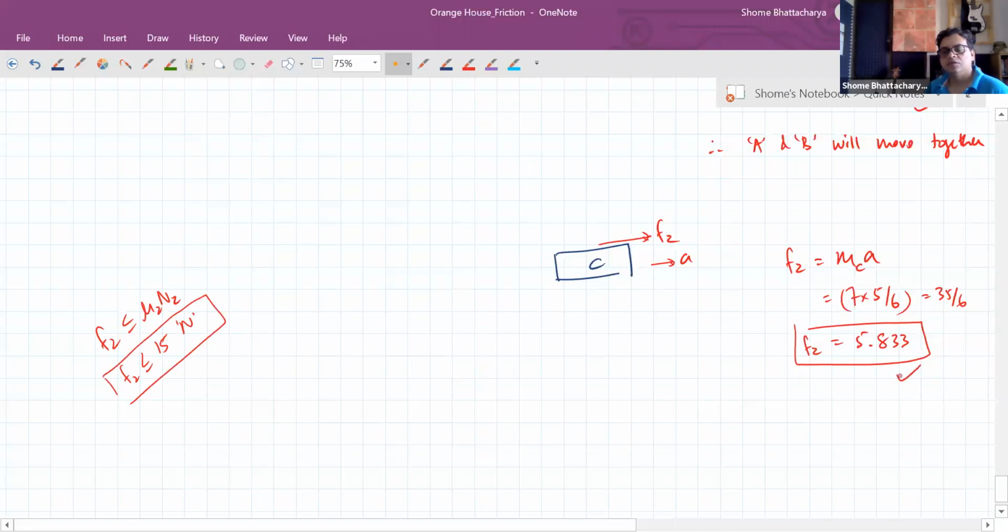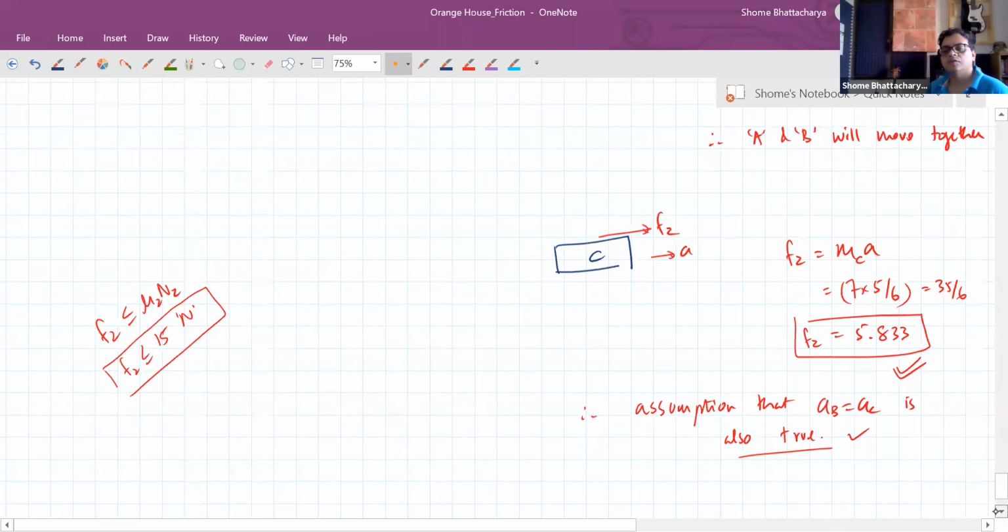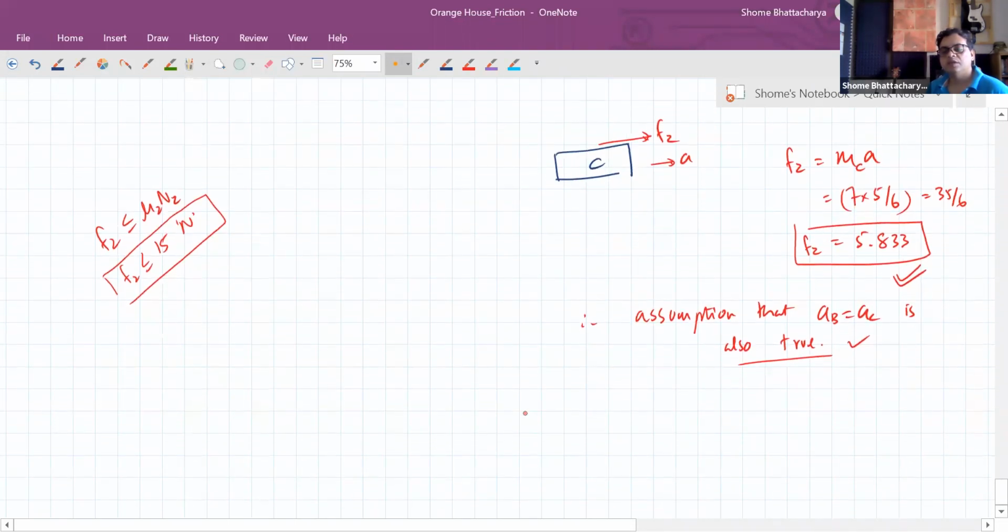Okay. So this assumption is also correct. Therefore the assumption that acceleration of B is equal to acceleration of C is also true. So therefore, in this case, what is happening?